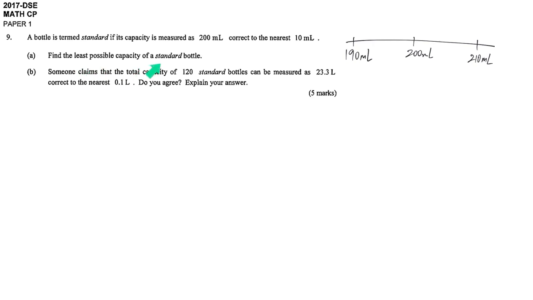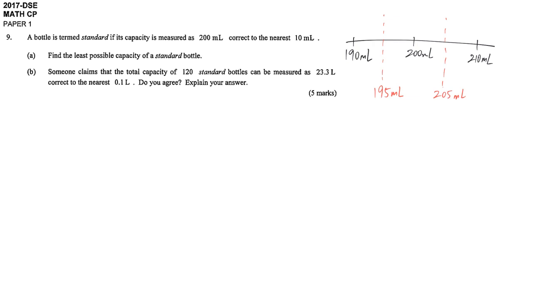So for the least possible capacity, we are deciding whether it is 190 or 200. Then the least possible capacity is 195 ml. It's quite easy to visualize like this every time.